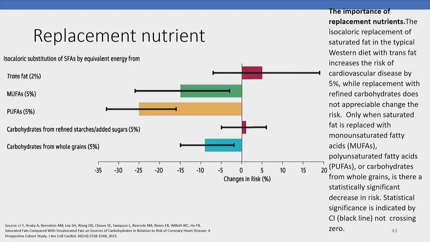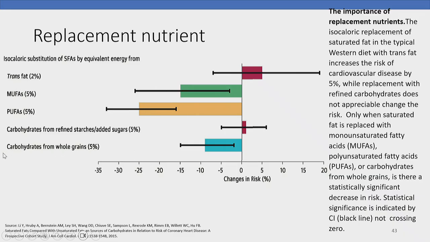Why? Because these individuals replaced the saturated fat with something unhealthy, which is refined carbohydrates. Clear? But in data from a different population, when they cut down or cut off the saturated fat and replaced it with unsaturated fat, especially PUFA, the cardiovascular disease risk decreased by 25%.